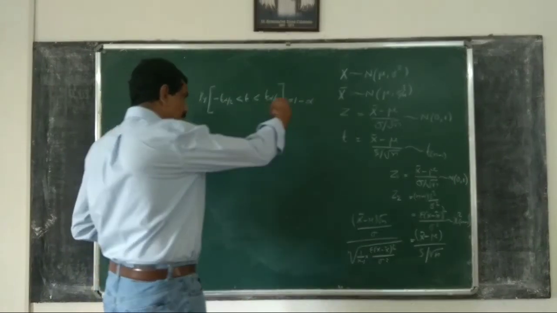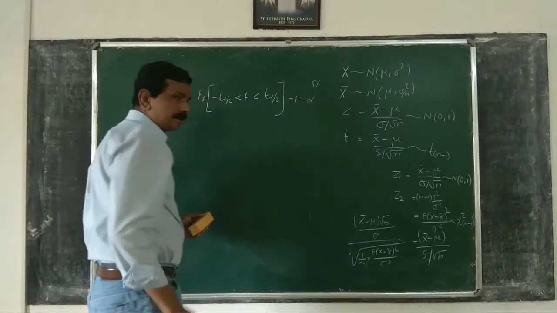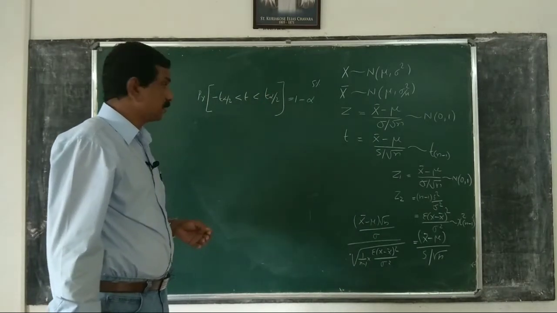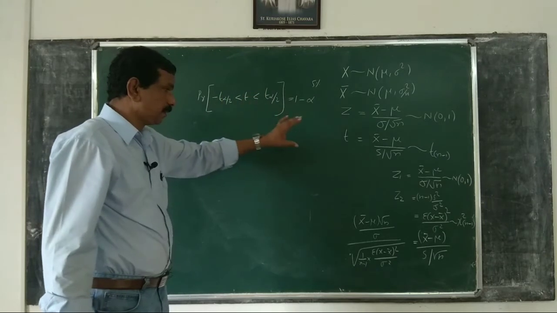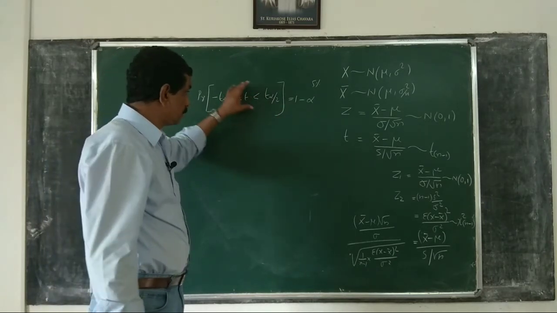If alpha is 0.05 or 5%, this is the 95% confidence interval for T. This T is nothing but the T distribution obtained from the sample, or empirical T.